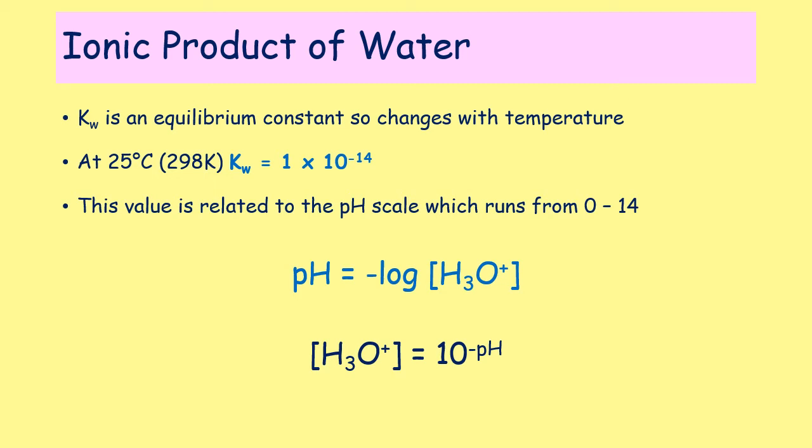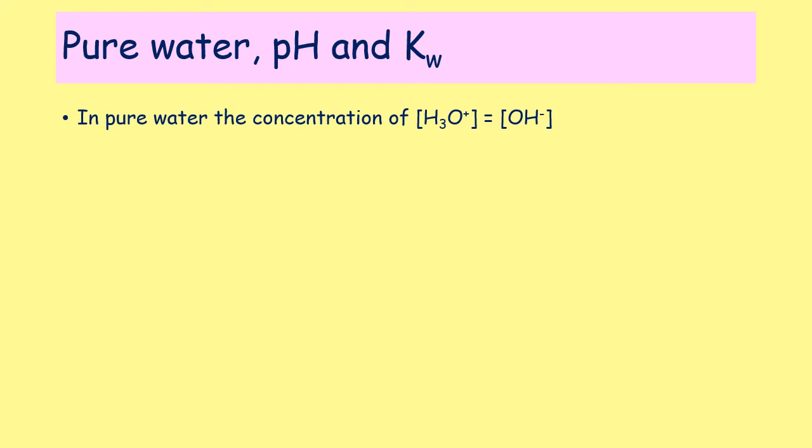So for the future lessons relating to water, you are going to have to get familiar with logs, which you should have done in National 5 or Higher maths. Now in pure water, we're going to look at pH and we're going to look at Kw. Pure water means it's not acidic, it's not alkaline.